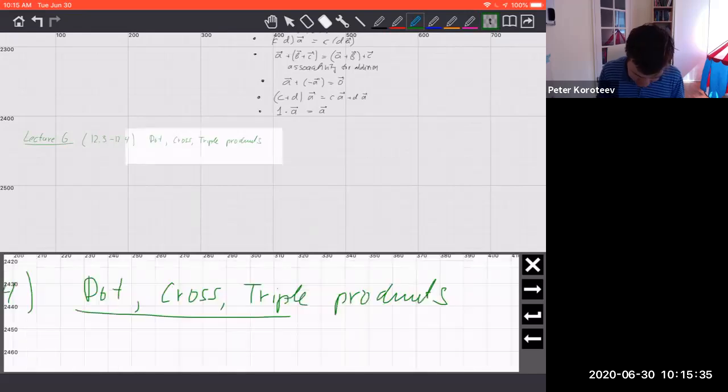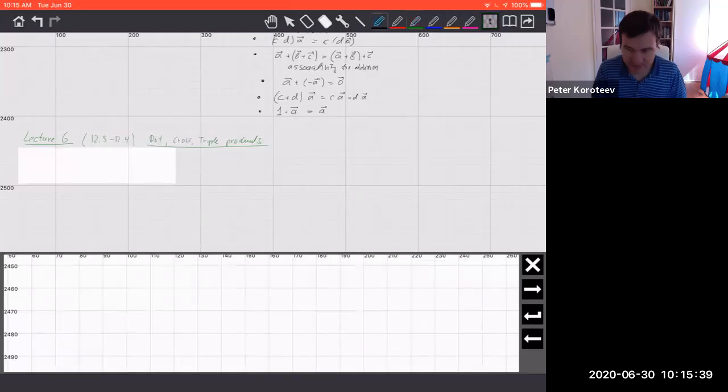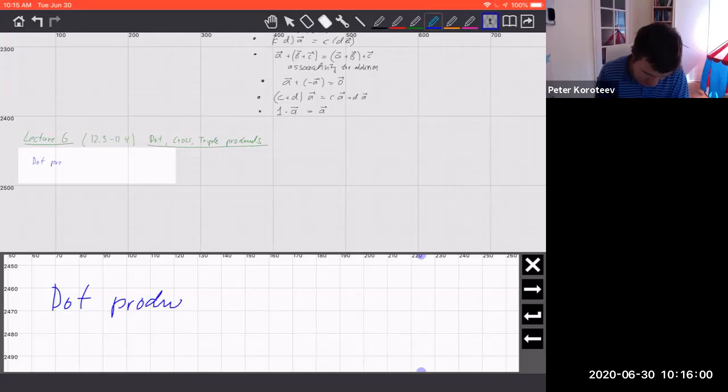Somebody asked me yesterday, can we multiply vectors? The answer is yes, but because they're vectors, there is more than one thing that you can do. One thing you can do is the so-called dot product, sometimes also called the scalar product.